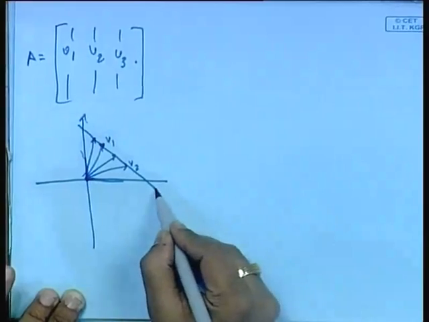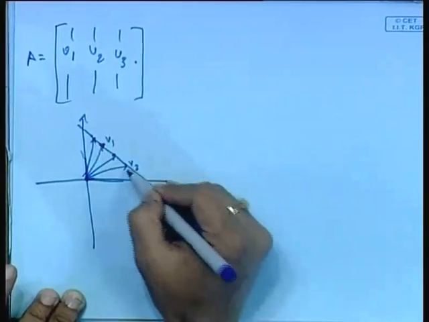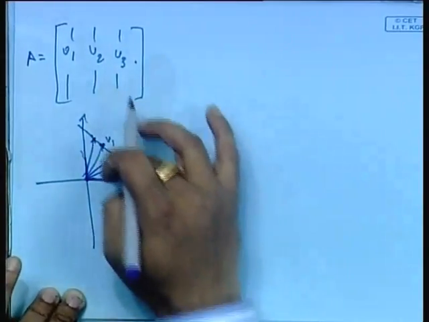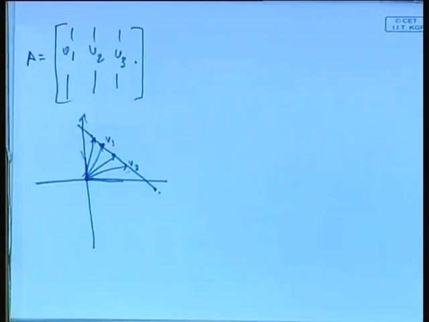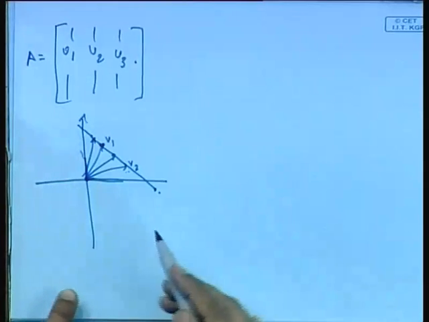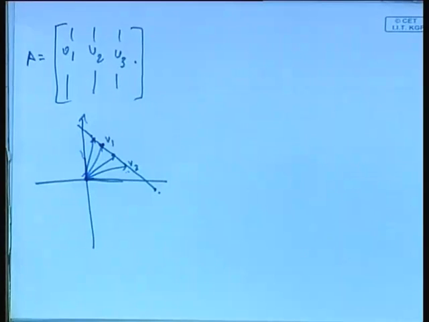So this line alone captures all these points. But this is not a very good example, because I don't know how to show it in 3 dimensions. It's best to visualize this in 3 dimensions. So v1, v2, v3 all will make a subspace, and this subspace might have a smaller dimension.